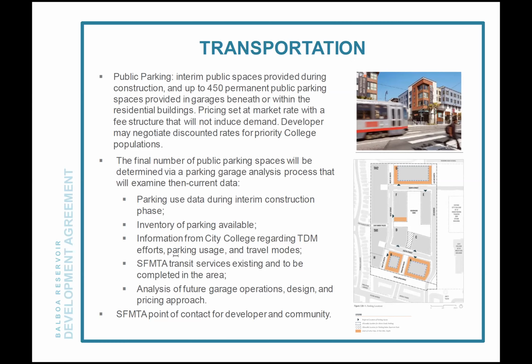And a lot of these residents are going to have more than one adult. They might have 3 or 4 adults in an apartment. To have half a space for each of those units and then just 220 for all the rest of the residents, all the visitors, all the City College students just seems very low. Thank you very much.